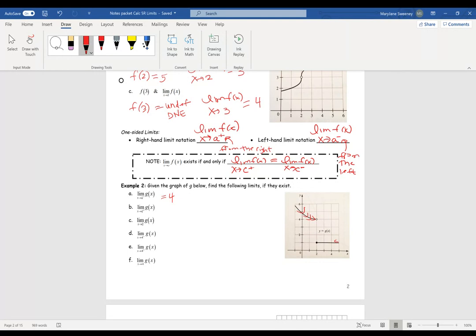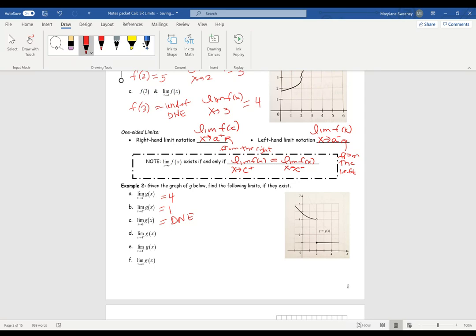If I'm approaching 2 from the right, if I'm at 2.00001, my y's are approaching 1. That means the limit of g of x as x approaches 2 does not exist, because the limit from the left and the limit from the right are not approaching the same value. Basically, there's a jump in the graph.